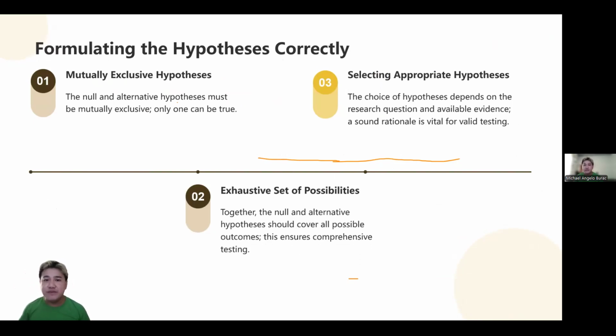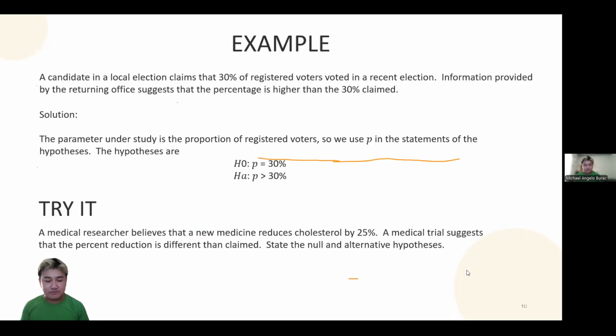Once we have determined which hypothesis the sample data supports, we make a decision. There are two options: reject the null hypothesis if the sample information favors the alternative hypothesis, or do not reject the null hypothesis if the sample information is insufficient to reject it.